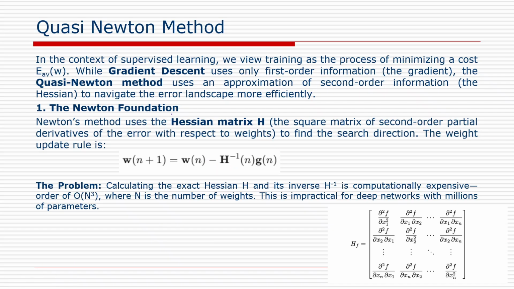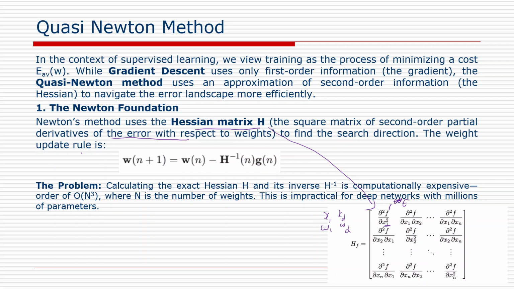Before going to the Quasi-Newton, first we'll lay the foundation with Newton method optimization. The Newton method uses the Hessian matrix H, which is a square matrix of second order partial derivatives of the error with respect to the weights. This example I have shown here, this F function is the error function, and x1, x2 represent the weights, that is W1 and W2.